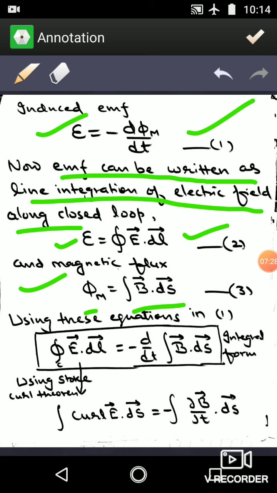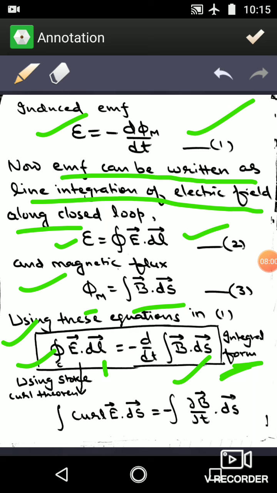If we use equation 2 and equation 3 in equation 1, what do we get? We get line integration along a closed curve of electric field is equivalent to minus d upon dt of surface integration of magnetic field. This equation is known as the integral form of Maxwell's third equation.